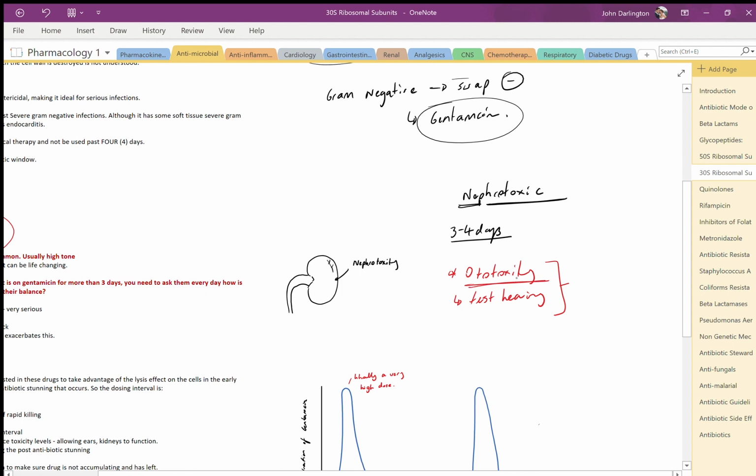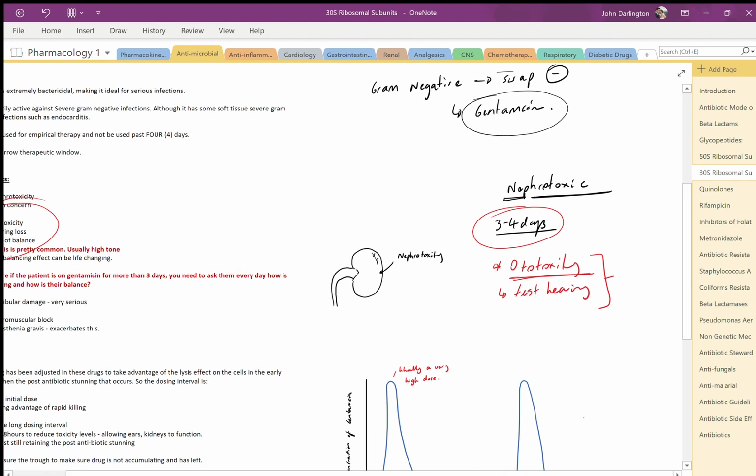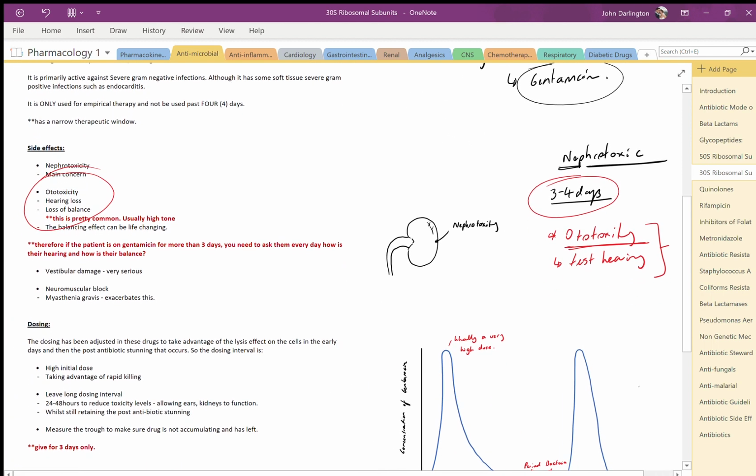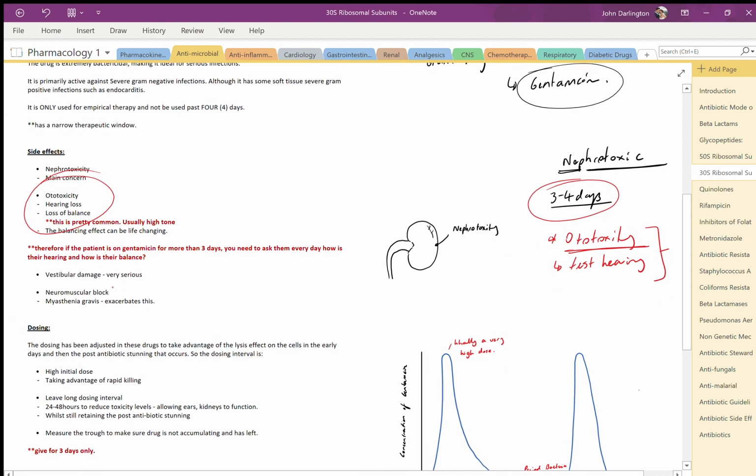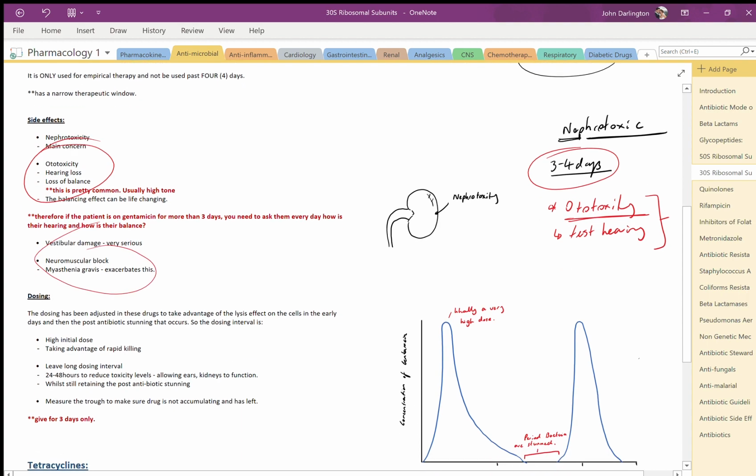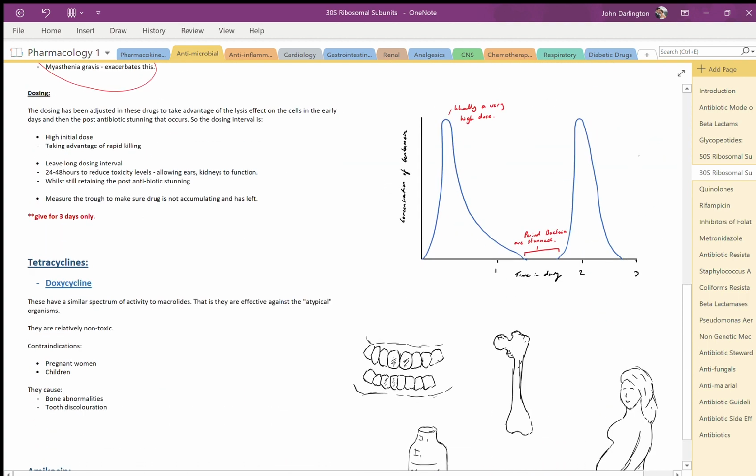If it asks what kind of things you would want to do whilst the person's on this, you want to say I would be testing their hearing, and they would be restricted to 3 to 4 days unless guided by microbiology. But yeah, ototoxicity is a really big one. And neuromuscular, so myasthenia gravis, who knows, never really heard or seen about that.